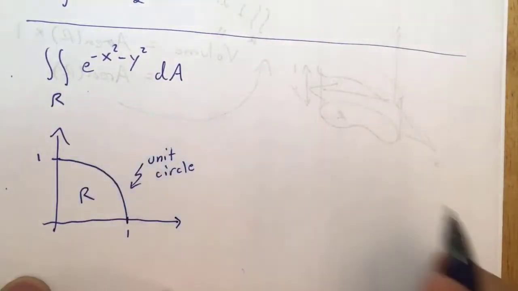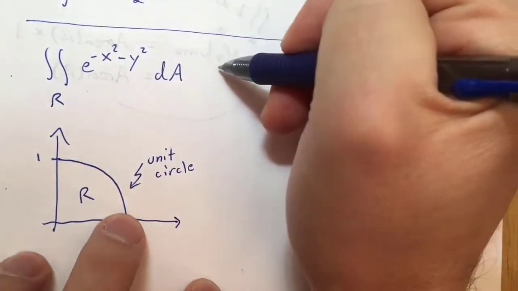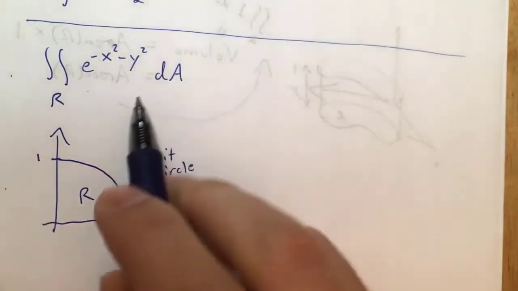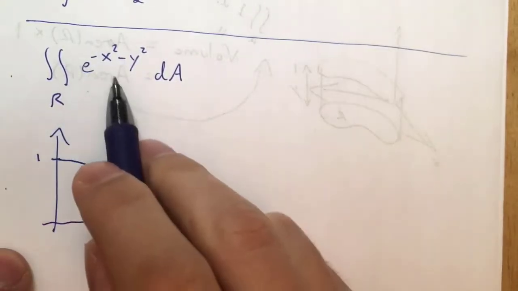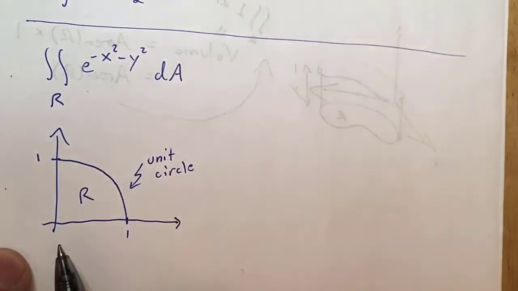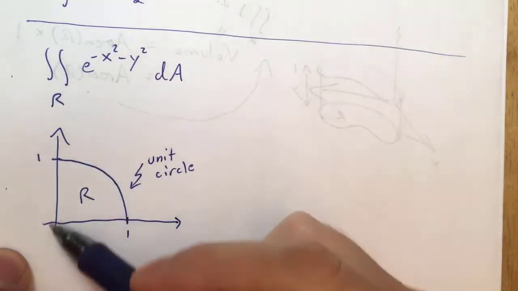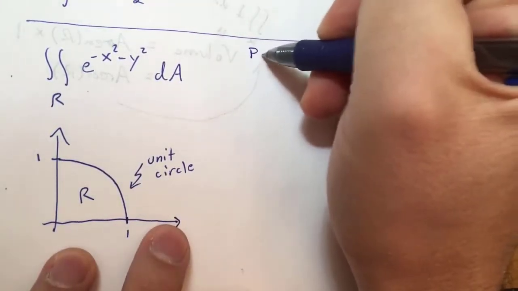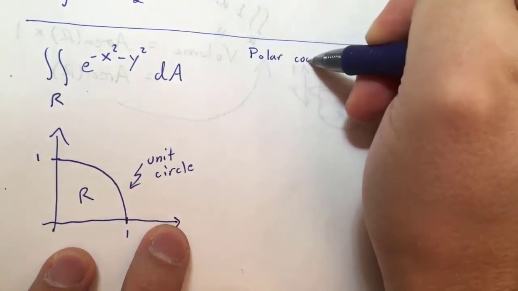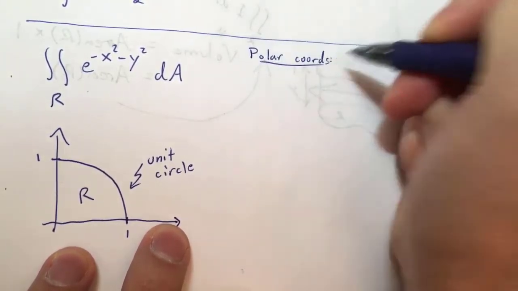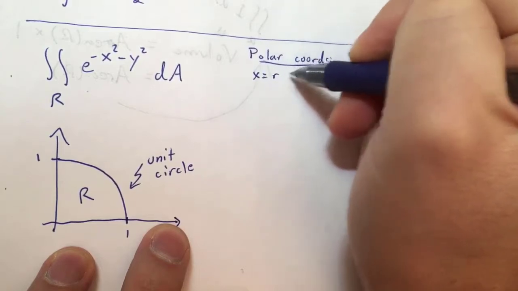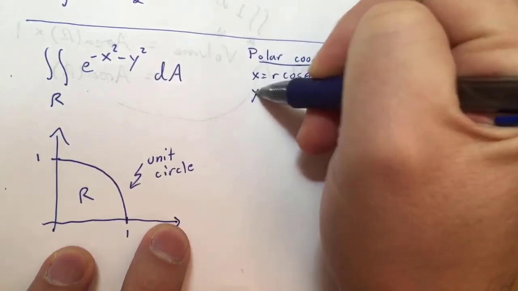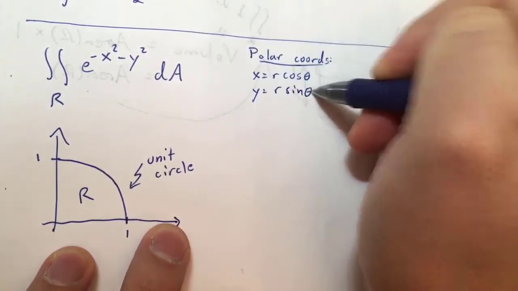Okay, well, how would we set this up? Well, the trick to doing this type of integral is actually to use polar coordinates, and that's suggested by the shape of the region we're integrating over as well. So polar coordinates says that x is equal to r cosine theta and y is equal to r sine theta.